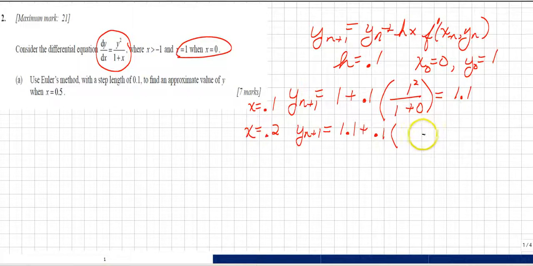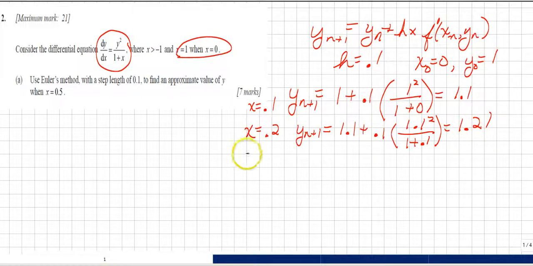The previous x is now 0.1, since we went up by a step of 0.1. So it's 1.1 squared over 1 plus 0.1. Again, just punch that in, and that turns out to be 1.21.